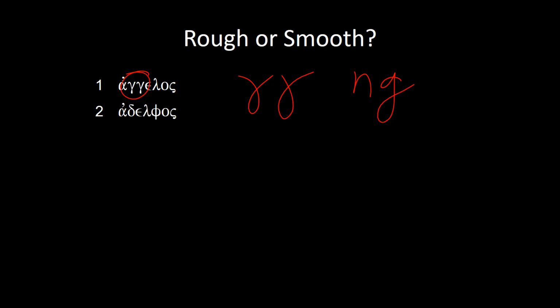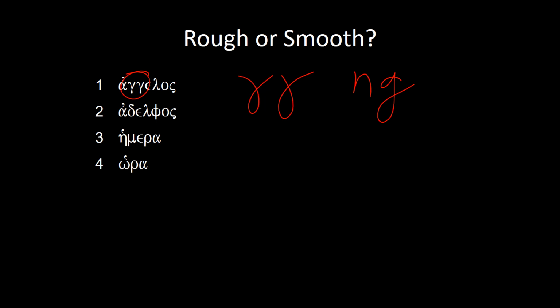Okay, number 2, adelphos. Does that look like a rough or a smooth? That one is smooth. Okay, number 3, hemera, the word for day. Notice the way I pronounced it. Is this rough or smooth? Hemera. This is rough.